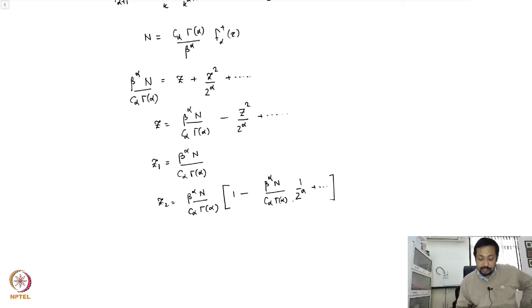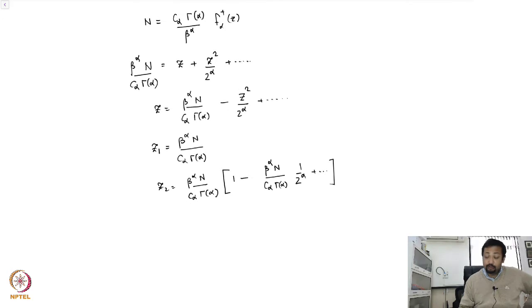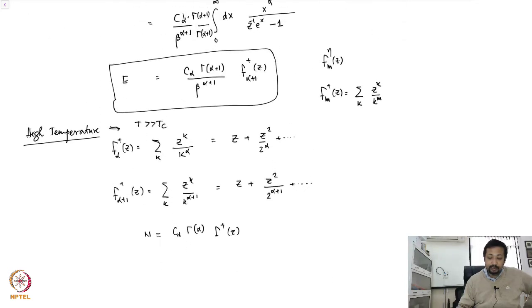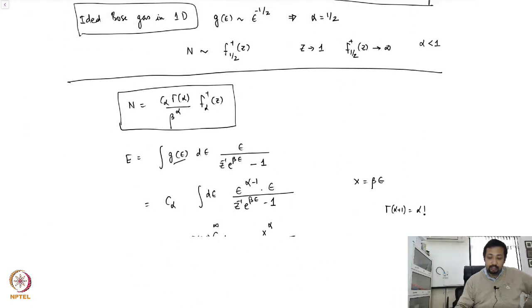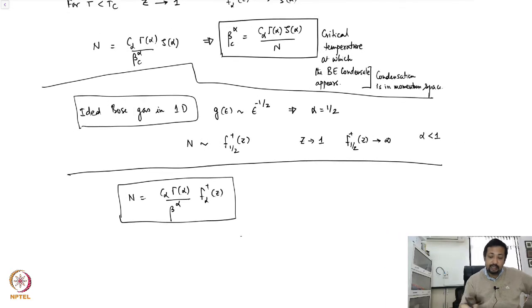Now you see C_alpha Gamma(alpha) are all these quantities which are essentially a little bit tricky to measure. I do not know, I can only have an indirect idea, or I can start from a model and I can try to figure out. But in principle, here I can make my life easy and I can replace this over here.